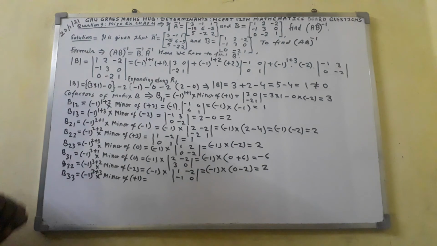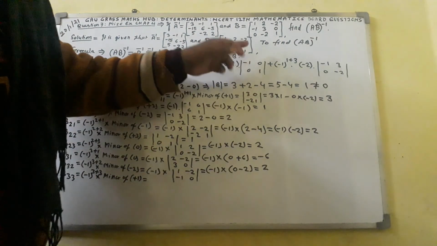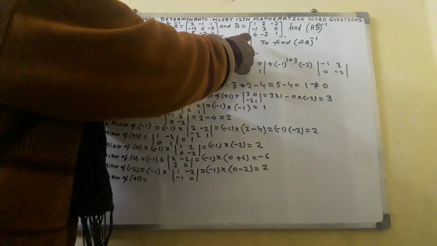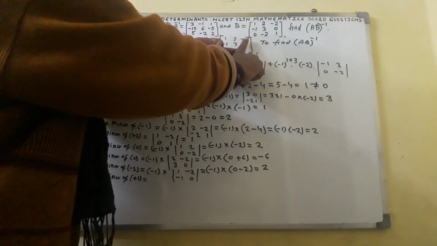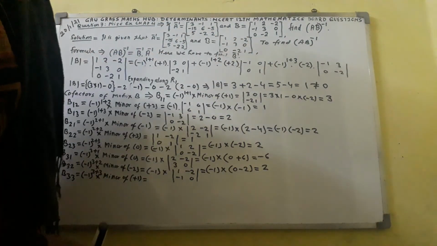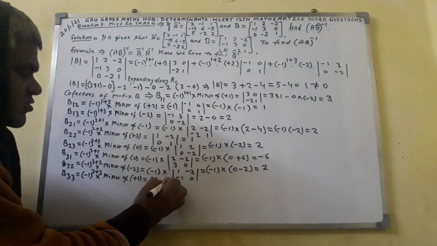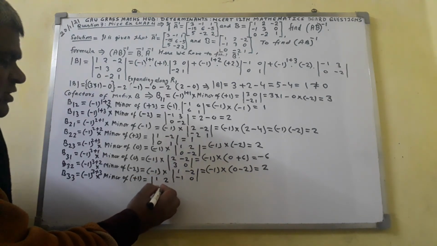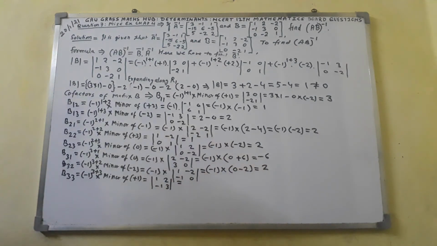It will become 1. And minor of element plus 1: 1 is there in third row and third column. The third row and third column will be hidden. You will get the minor of element plus 1 as 1 2 minus 1 3.